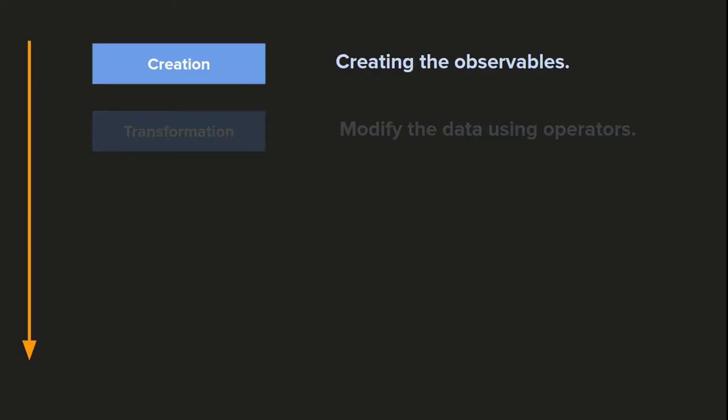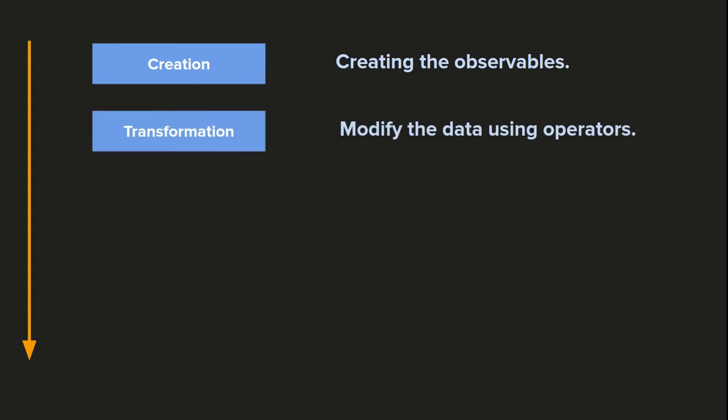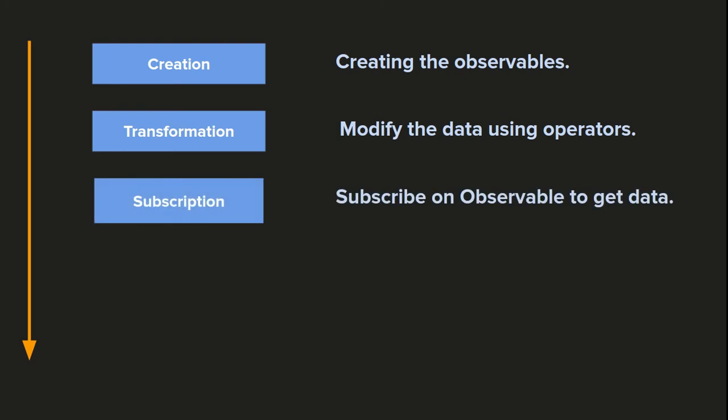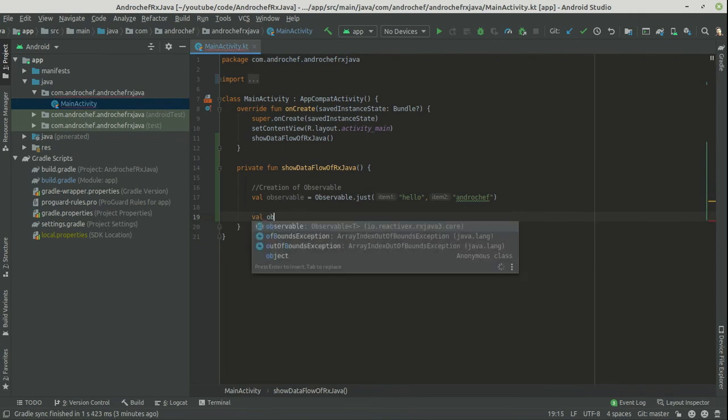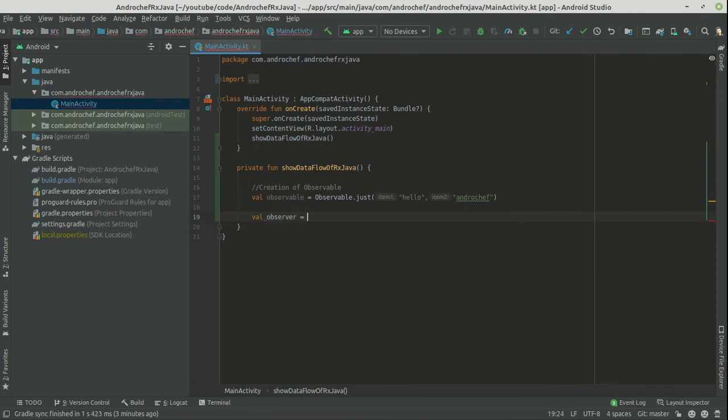Now the second step is to modify the data using operators. But first we will create one observer to consume that data. So I will create one observer. That will be an anonymous class.